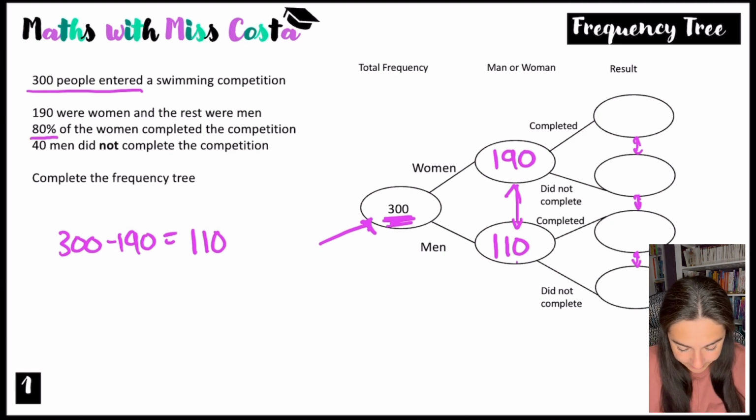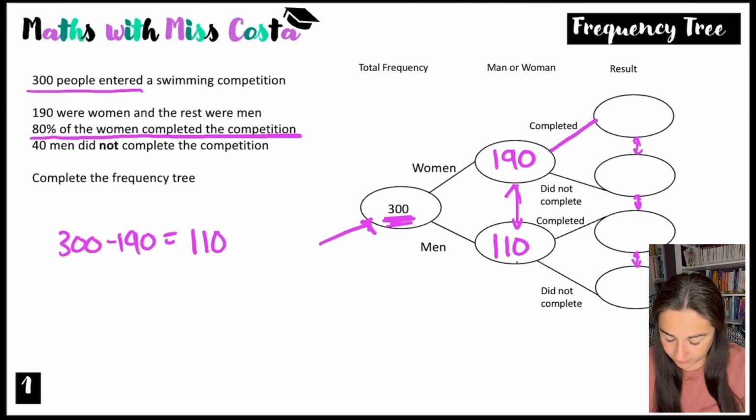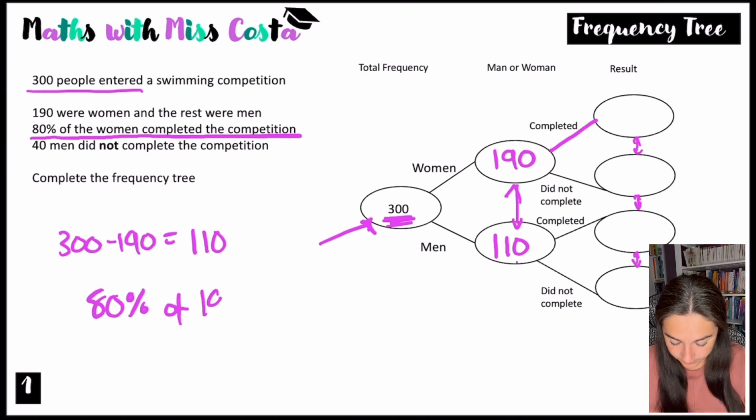I'm told that 80% of the women completed the competition. So over here is women that have completed. I need to work out 80% of 190.